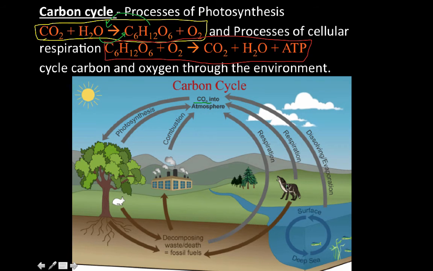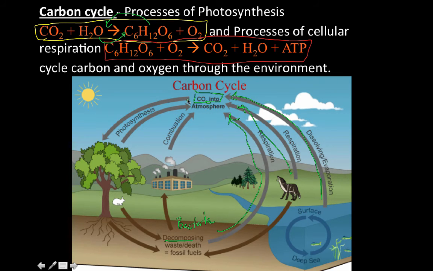Well, it comes out of this wolf through the process of respiration, decomposition, or bacteria in the soil will give off CO2 up there. This wolf, like we said, is going through respiration. Some CO2 is given off from water sources, so that's a carbon store in the atmosphere here.